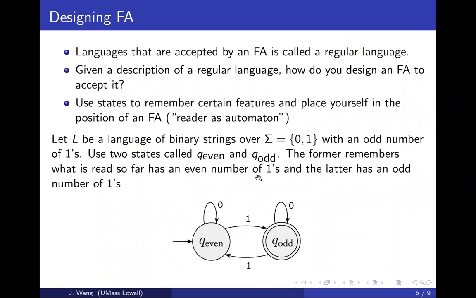Okay, so now, as we said here, we're going to use states. So here we have two states we need to memorize. Because when you count the number of ones in your input, it will either be an even number or an odd number. So you have two states. So we use Q even to remember the former situation and use Q odd to remember the number of ones is an odd number.